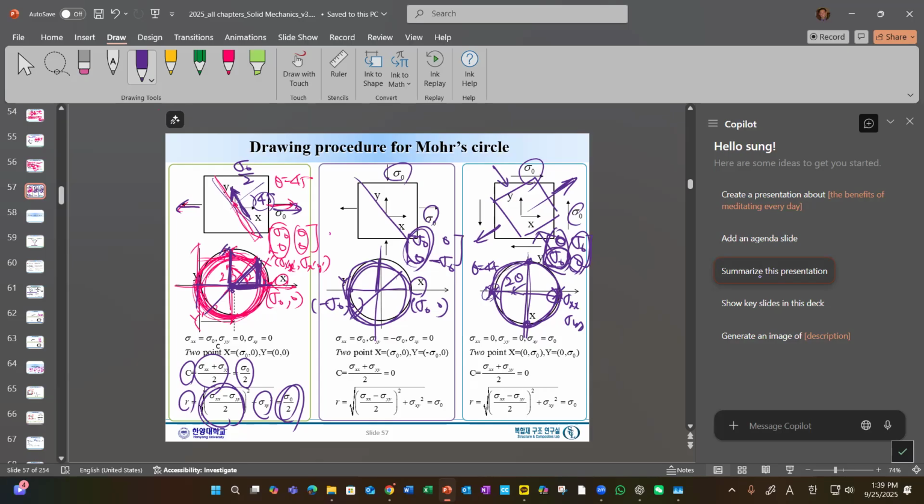So shear stress will be equivalent to the tension-compression state at 45 degrees. Okay, this is very important. Please remember this one. Just a pure shear will be equivalent to a tension and compression. Well, actually, you don't have to remember anything.